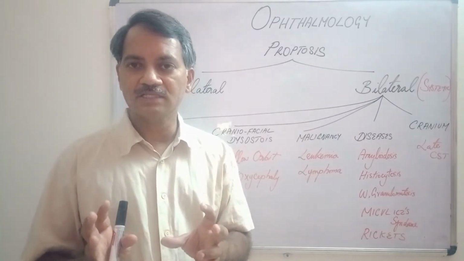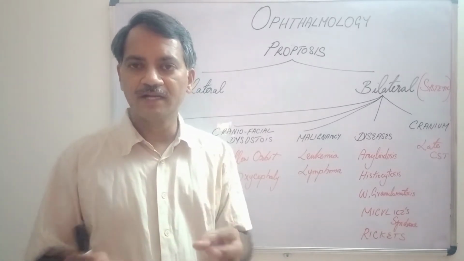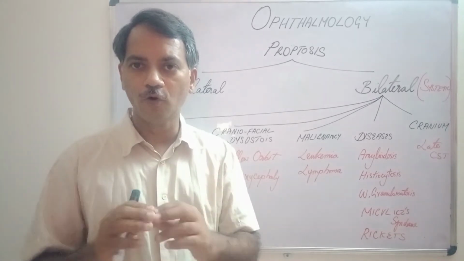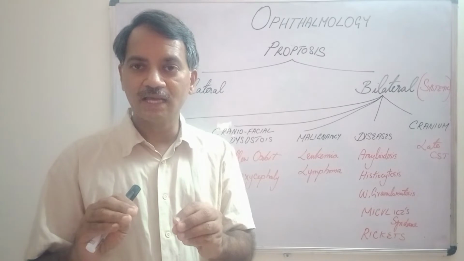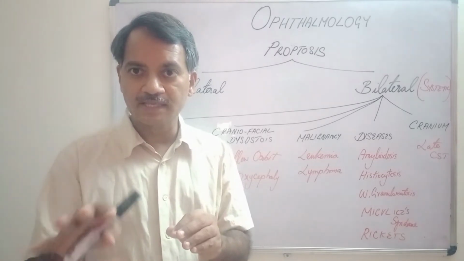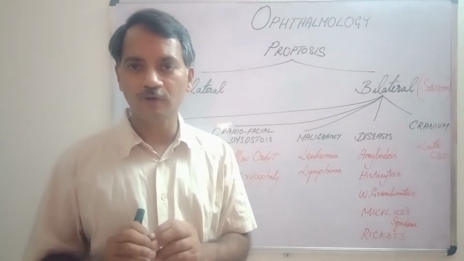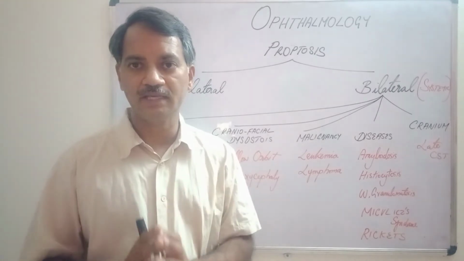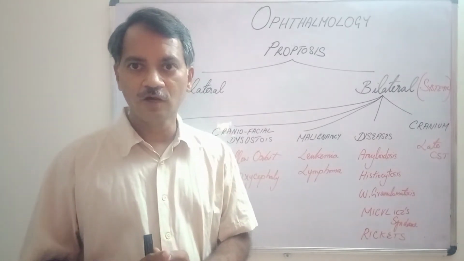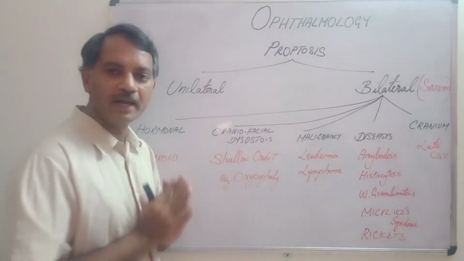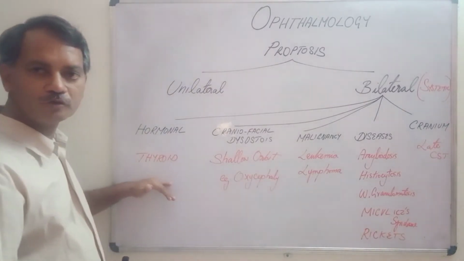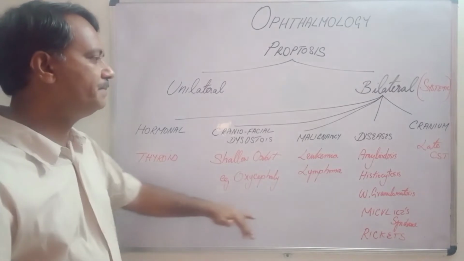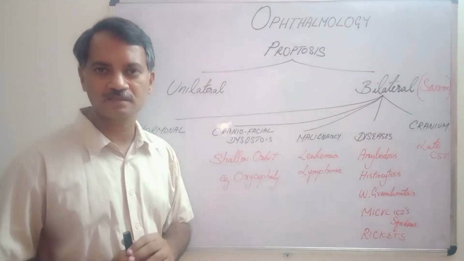Whenever the cavernous sinus is infected, inflamed or thrombosed, naturally it will develop as a unilateral proptosis and later on it will go to bilateral proptosis-like features. So, whenever we talk about bilateral proptosis, it can be either exophthalmos due to thyroid disease or it may be due to one of these diseases.